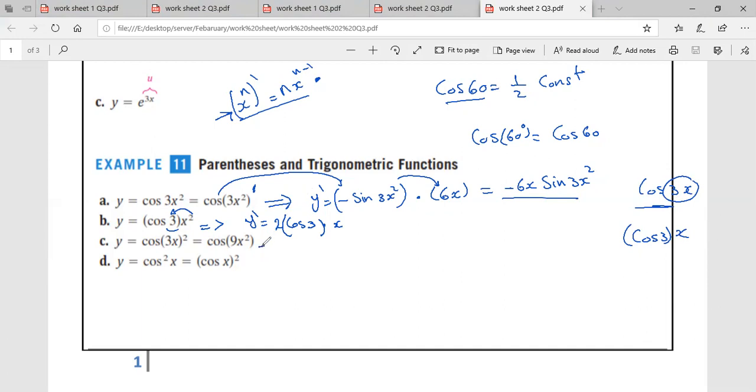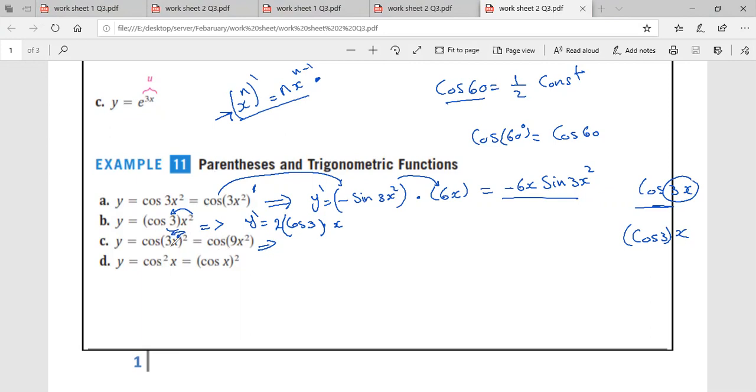Look here. The bracket here, my angle, is this bracket raised to power 2. I have to distribute the outer exponent on the inner exponent, so it will be cosine 9, 3 to power 2 is 9, x to power 2 stays x to power 2.